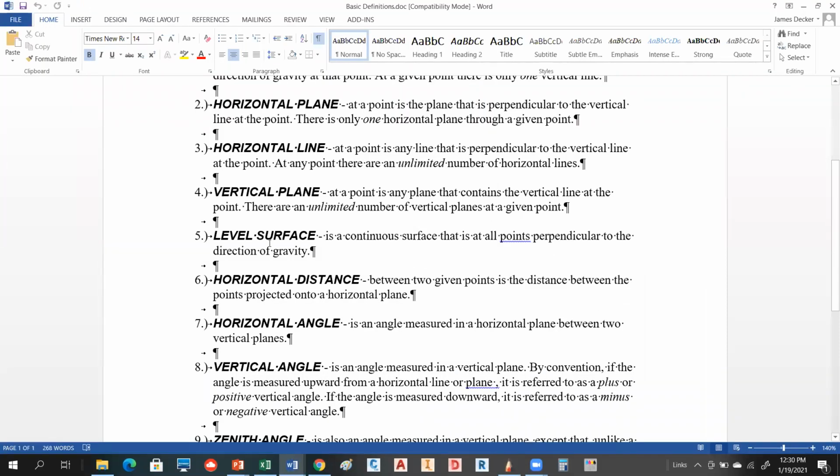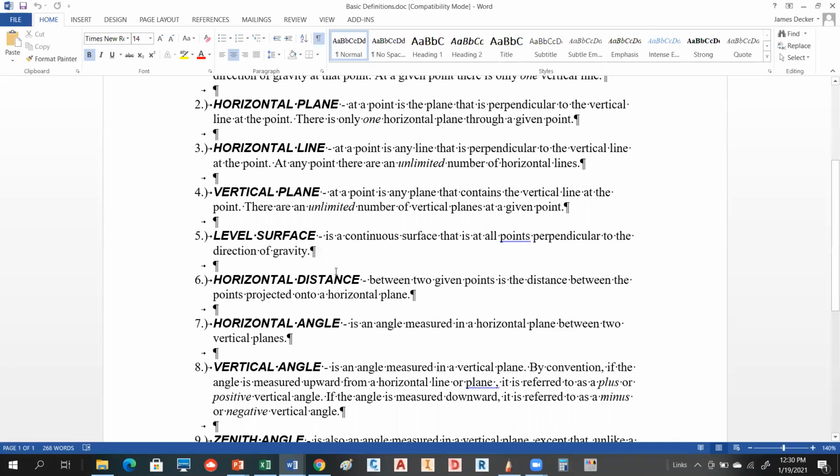When we talk about a level surface, it's a curved surface, if you will. If you've been to the ocean and watched a ship go out in the distance, it looks like it drops off or disappears, because it's actually following a level surface.